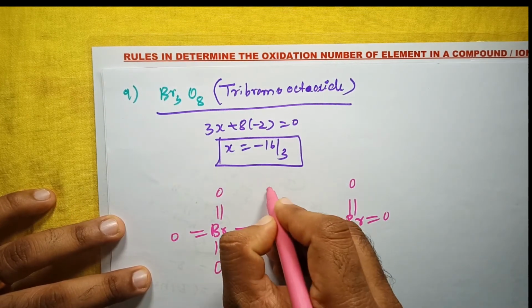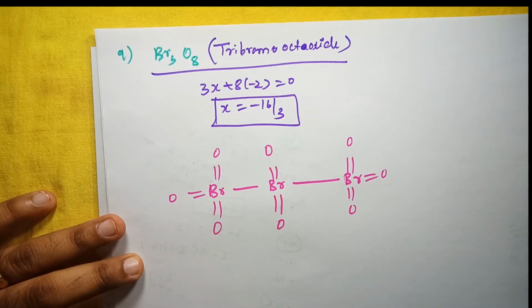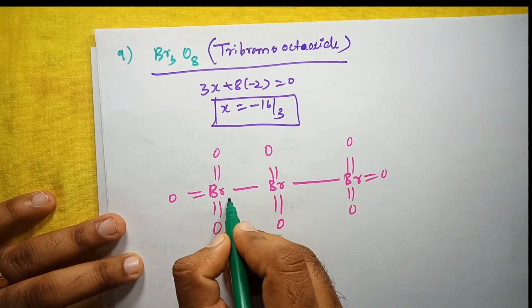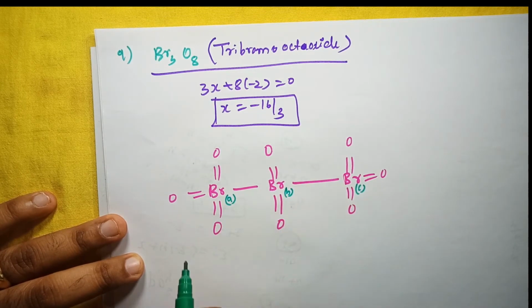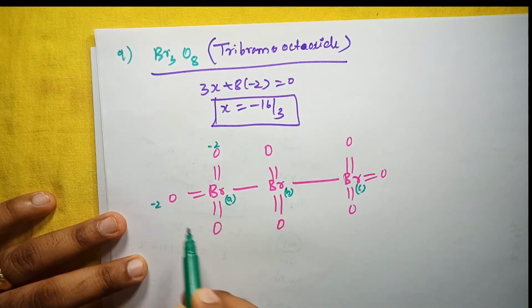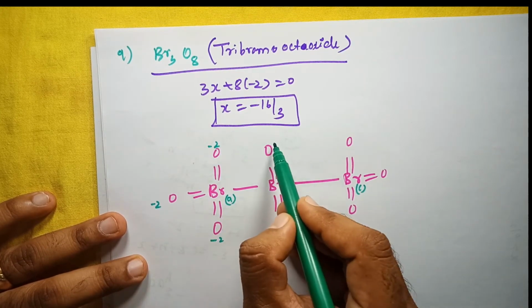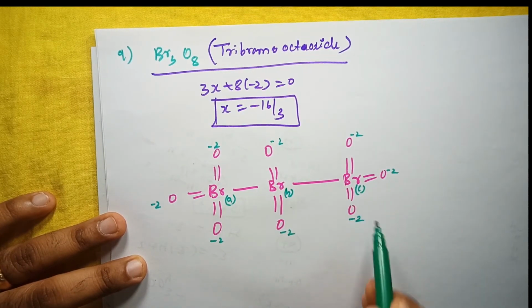I am going to write here. Look here friends. So what is the oxidation state of bromine here? Look here friends, all the oxygens exist in minus 2 oxidation state, minus 2, minus 2, minus 2, minus 2.